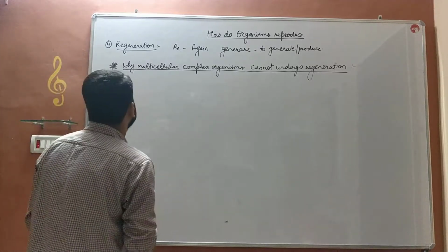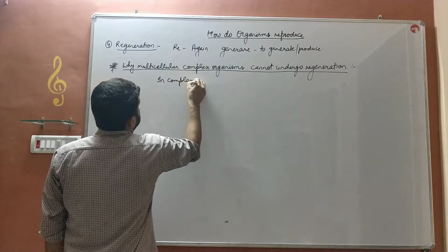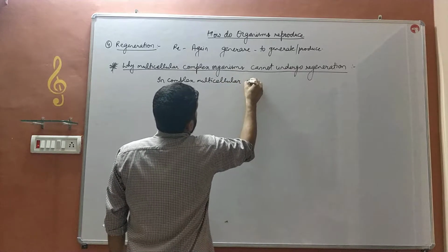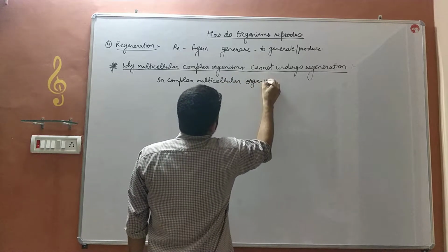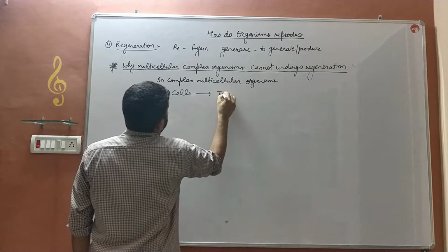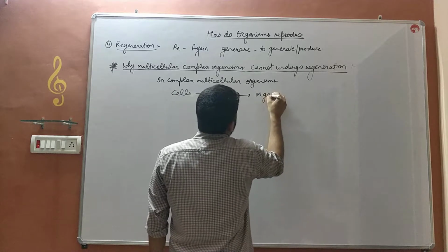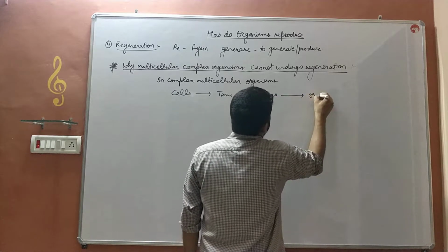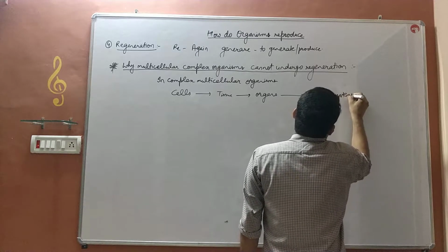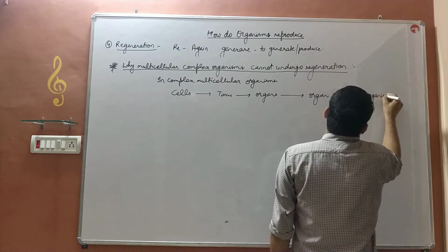The answer is, in complex multicellular organisms, specialized cells unite together to form tissues, tissues unite together to form organs, organs unite together to form organ systems, and that will lead to the formation of a complete organism.